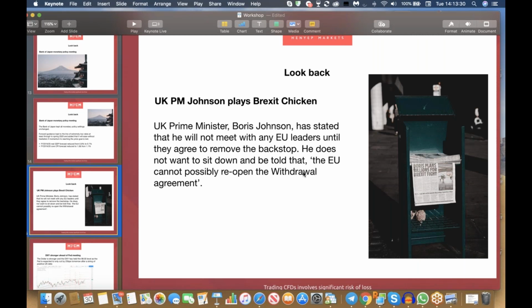Now, for Britain at the moment, the overriding financial concern is how Britain, or if Britain, leaves the European Union. So Boris Johnson is now the Prime Minister, and he's taken a very different approach to the approach taken by Theresa May. And the bottom line with Boris Johnson is he's much more direct in his assertion that Britain will leave the European Union.